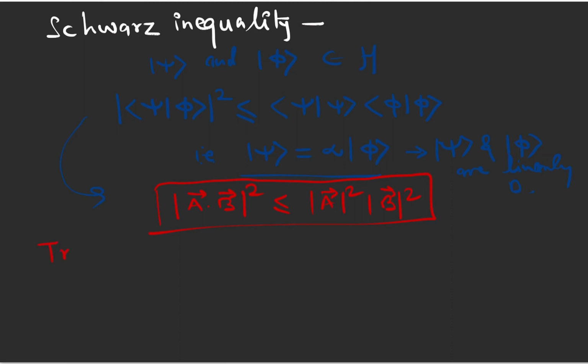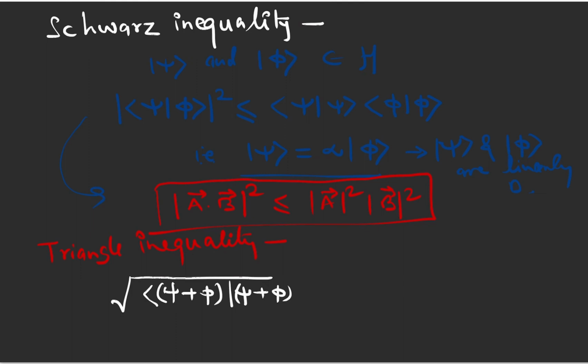Next property is triangle inequality. Under triangle inequality, square root of bra psi plus phi with ket psi plus phi is always less than or equal to square root bracket psi psi plus square root bracket phi phi.